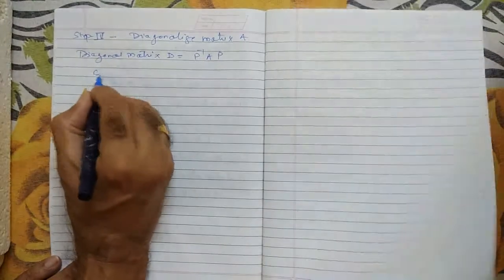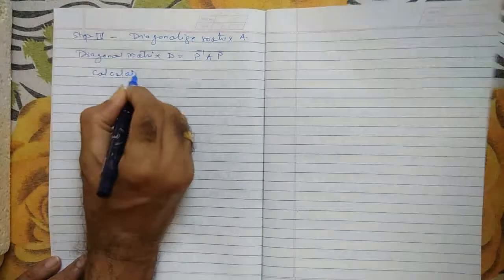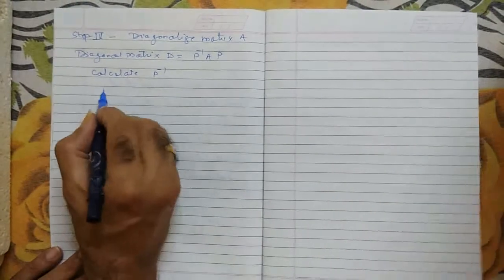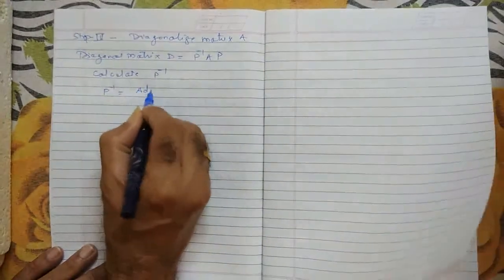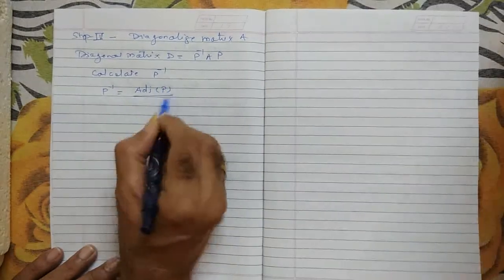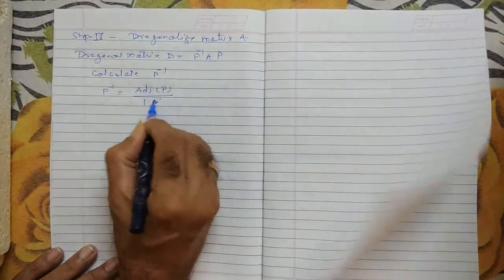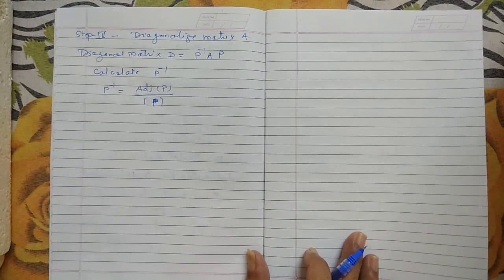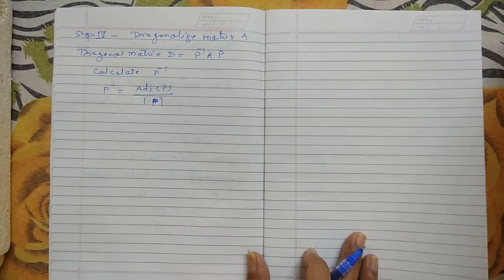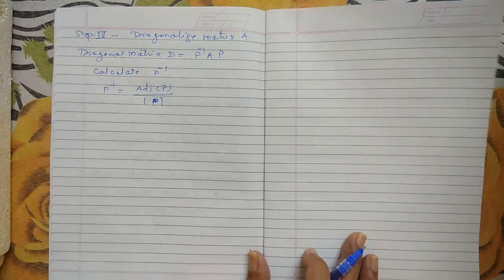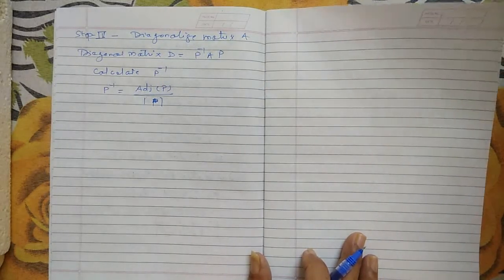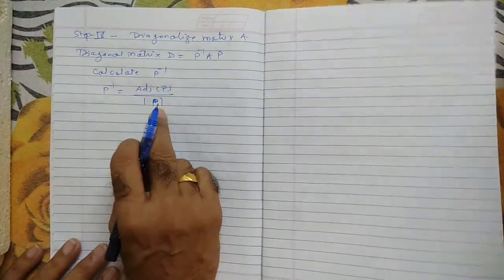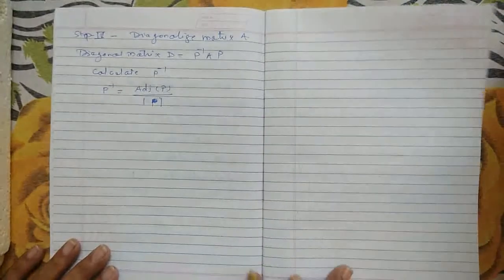Calculate P inverse. P inverse equals the adjunct of P divided by the determinant of P. Now we will first calculate the adjunct of P, and then the determinant, and then we will calculate P inverse.